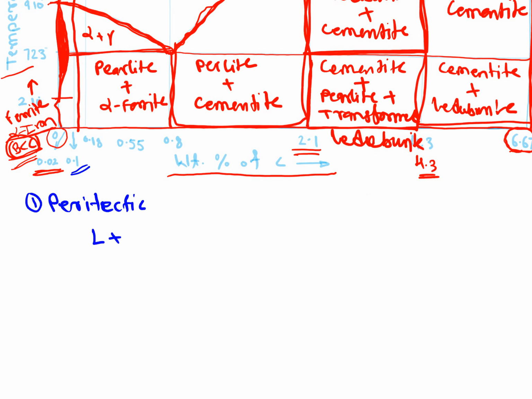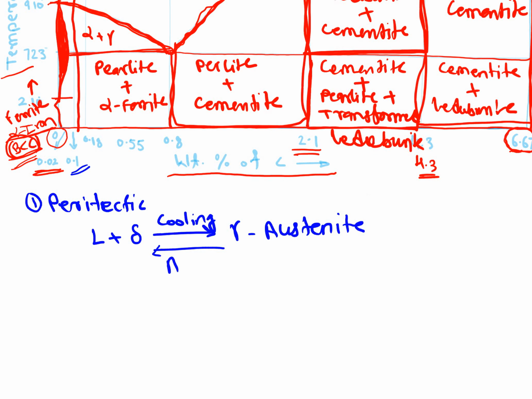If we write down this reaction, it will be like this. Peritectic: liquid iron plus delta iron on cooling changes to gamma austenite. On heating, the gamma austenite changes to liquid plus delta iron.